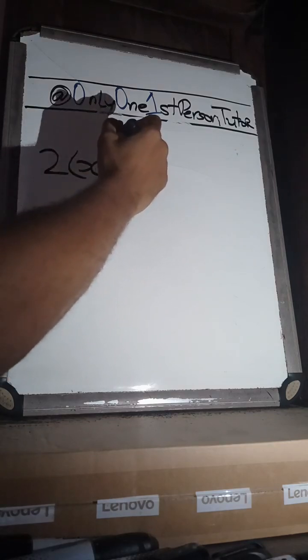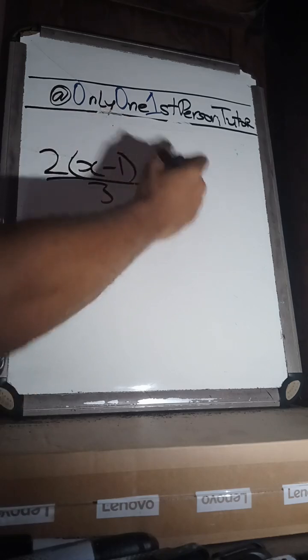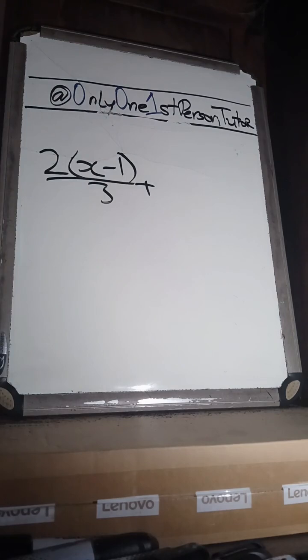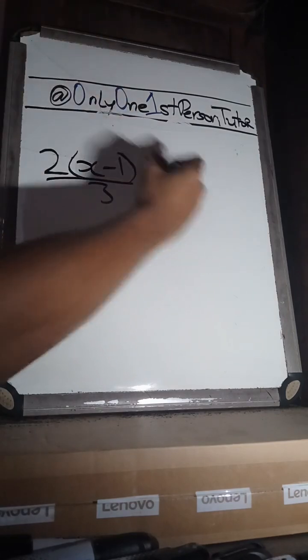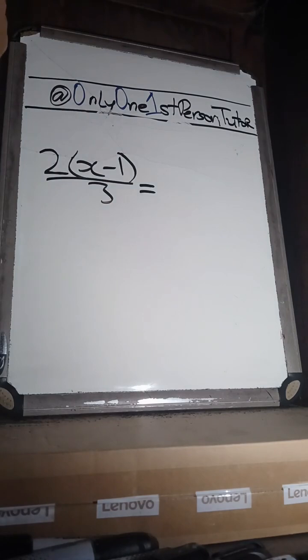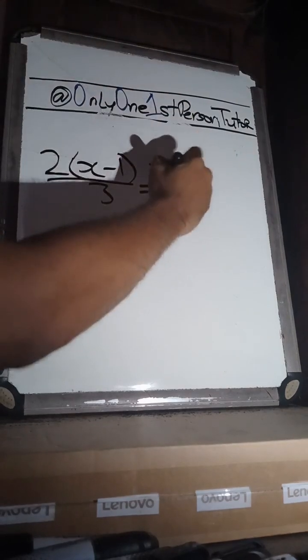Is it minus? Yeah. Alright, we have that. And then we have, is it plus or, lies? It's not even a plus. Look at that. It's an equal sign. Look at that.